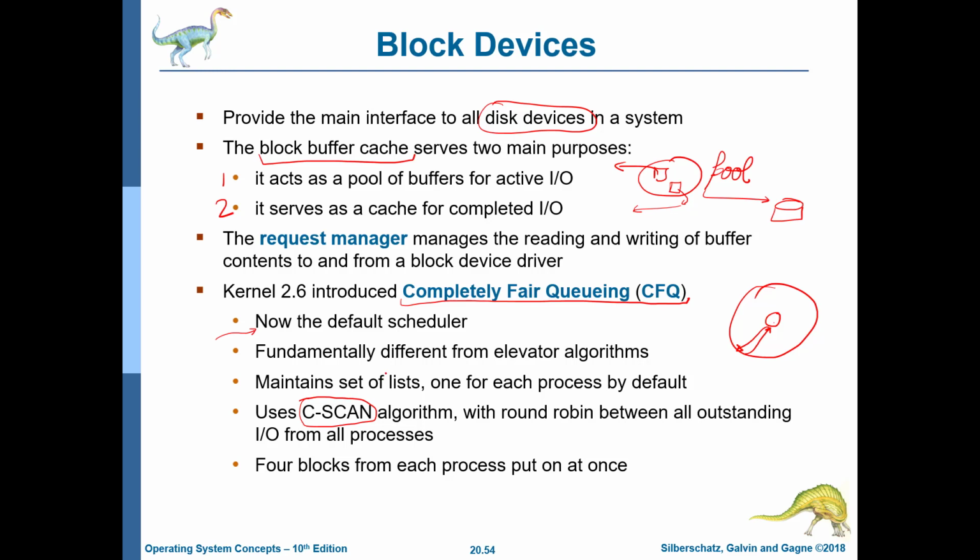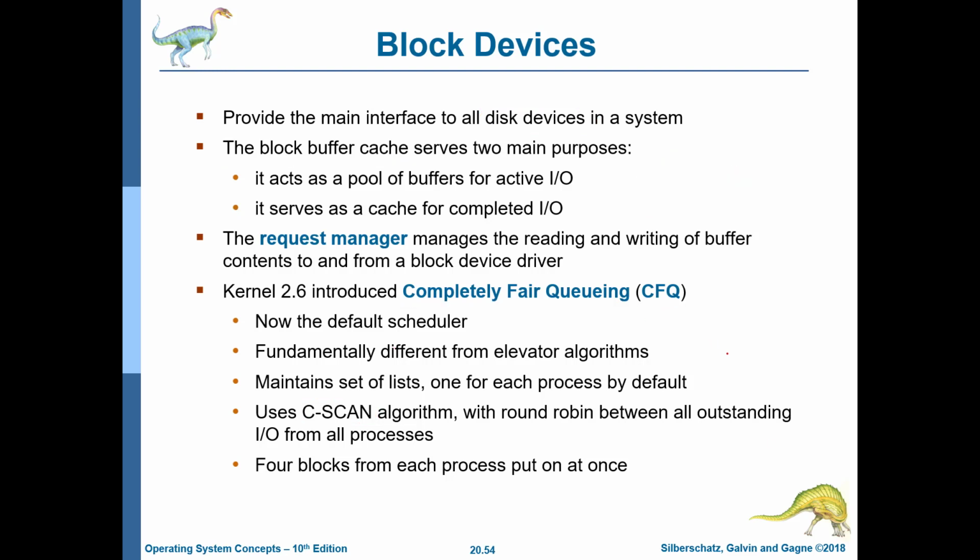So you can go back to the discussion on hard disk to find out what the C scan algorithm was all about. So let me clear the clutter and explain. So the idea was that, let's say if this is the hard disk, so we go from the first to the last request. So the head basically goes from the first request to the last request, wherever it is, and then immediately comes back to the beginning without servicing any other requests.